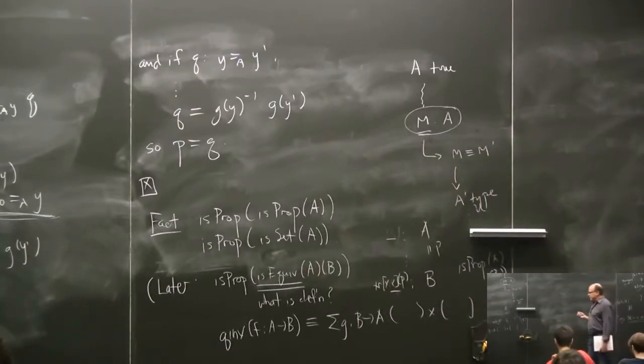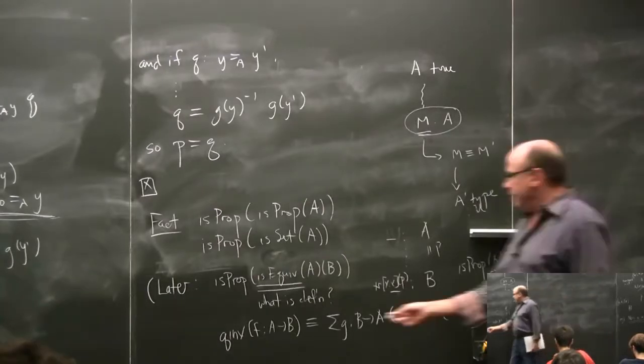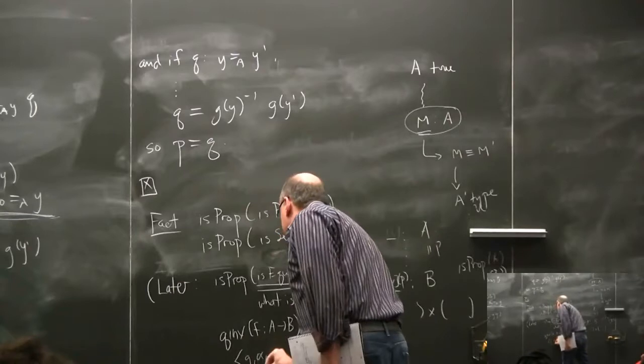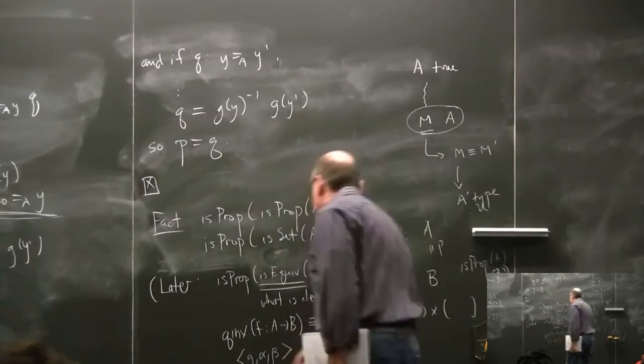So that was the definition of quasi-inverse. So that this thing had as elements triples G, alpha, and beta, okay?